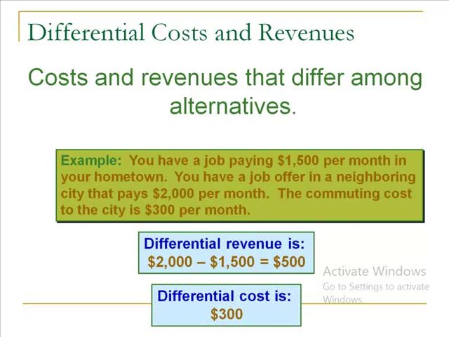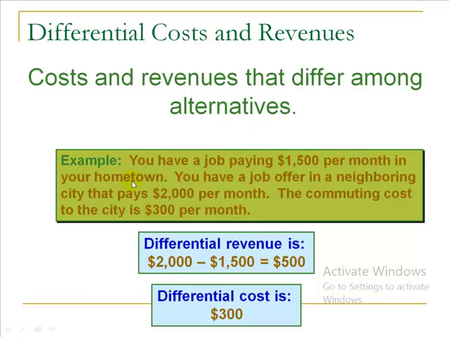Now it will be clear from this example. Remember, dears, for example, assume that you have a job paying 1500 per month in your hometown, near to your home.